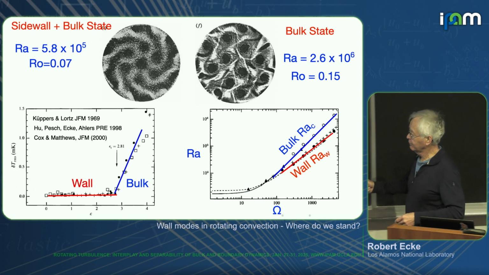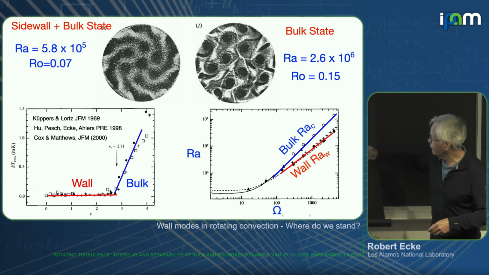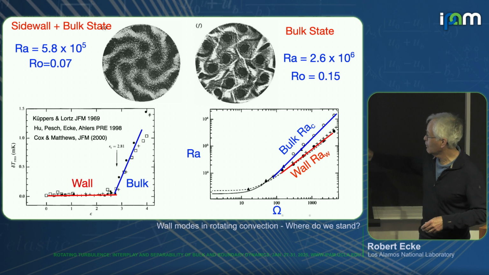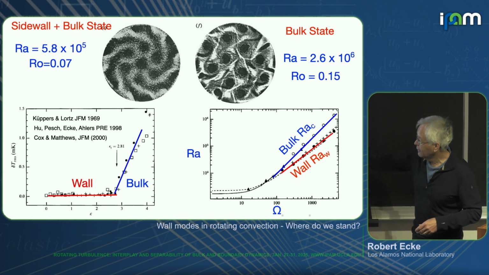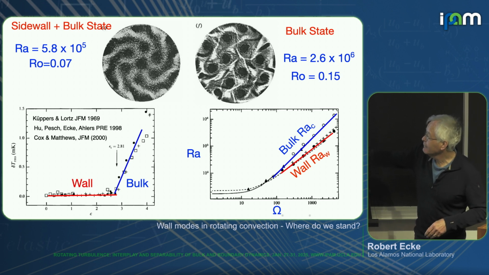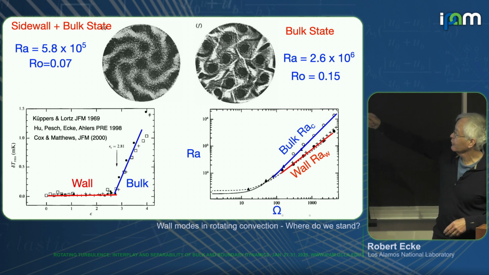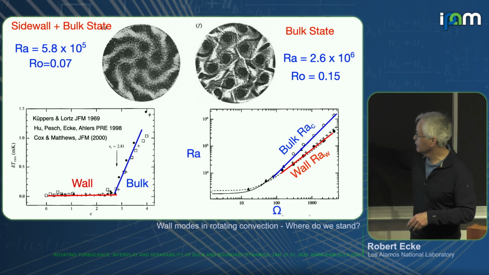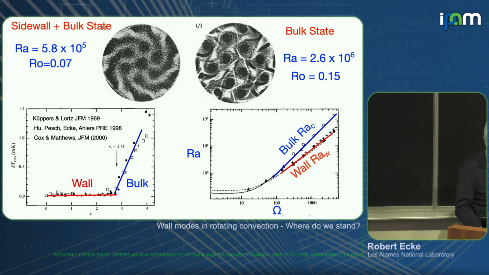So as having been seen before, we were able to identify the onset of the wall mode, and through the time dependence, which was more accurate, but also through the shadowgraph, we were able to identify the bulk state.